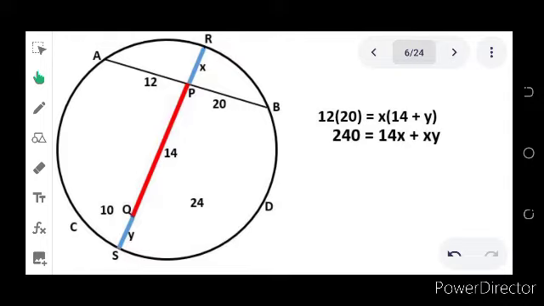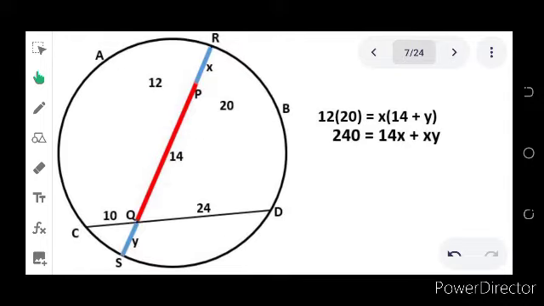Now this time, let's disregard chord AB. If we disregard chord AB, notice that chord RS is now divided into two different segments. You have segment QR having a measure of 14 plus X, and QS, which has a measure of Y. And CD has segments measuring 10 and 24, so the products of their segments, since they're intersecting chords, will be equal.